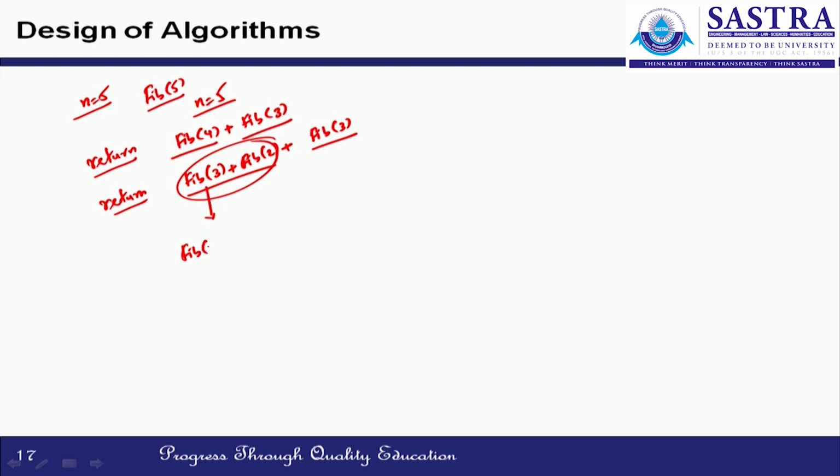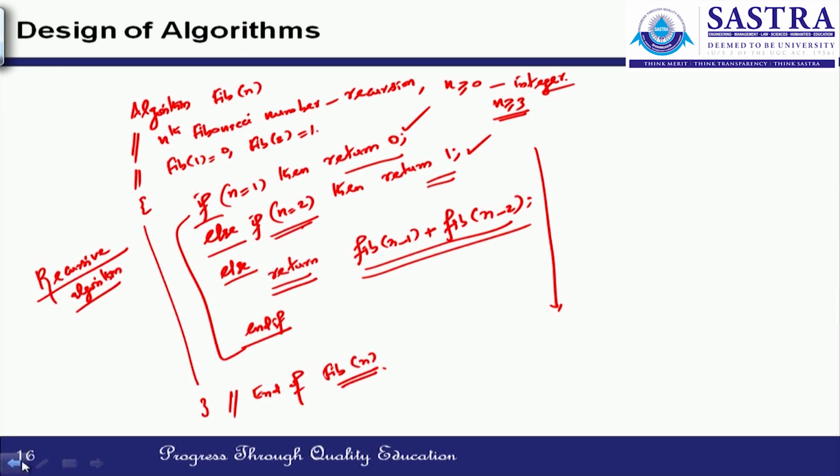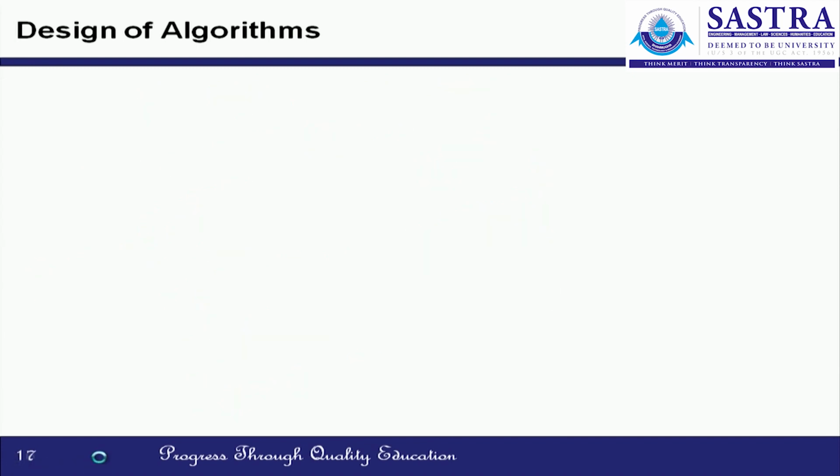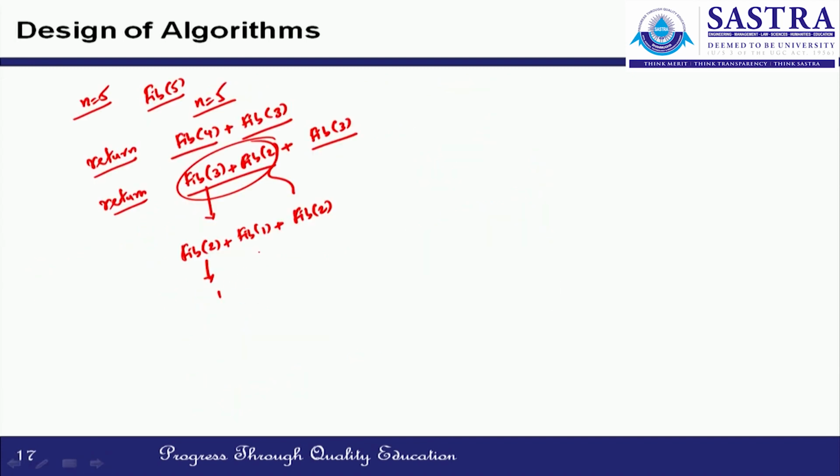It evaluates fib of 2 plus fib of 1 plus fib of 2 as it is. What is the value of fib of 2? Fib of 2 is 1. Fib of 1 is 0. 1 plus 0 plus fib of 2 is 1. 1 plus 1 is 2. Here the complete expression is evaluated to have a value 2.